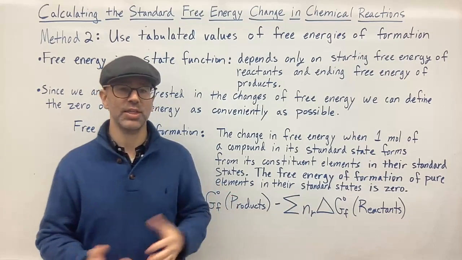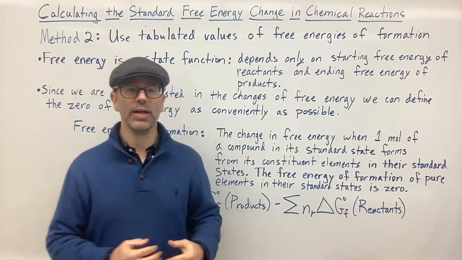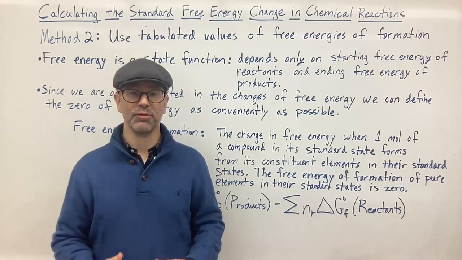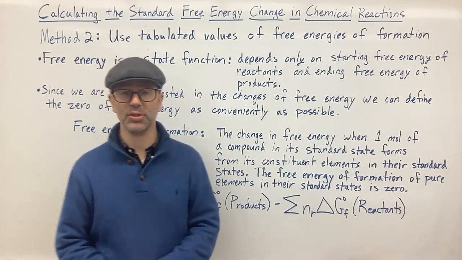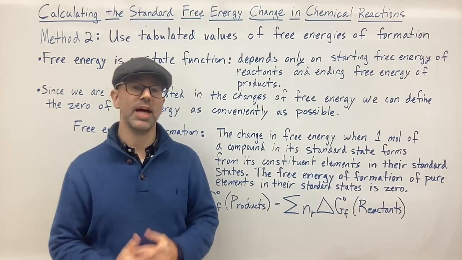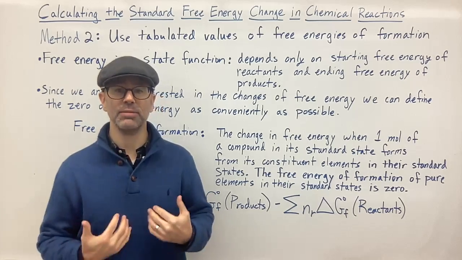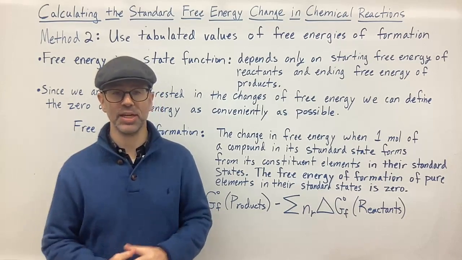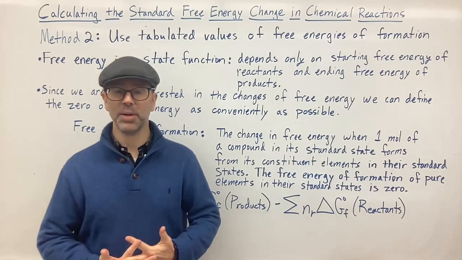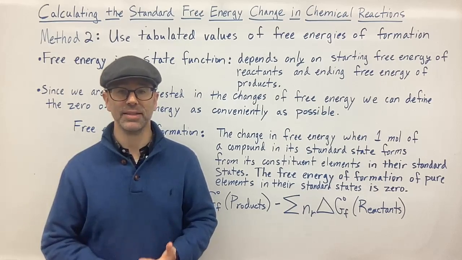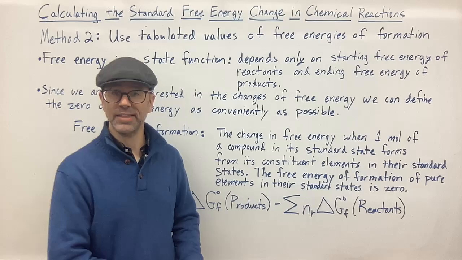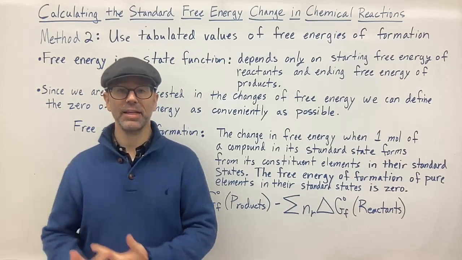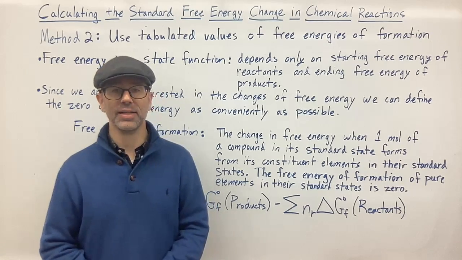My analogy that I've used before is going from the ground floor of an apartment building or a hotel to the top floor. The change in my gravitational potential energy does not depend on how I get to the top floor. It only depends on the potential energy I started with at the ground floor and the potential energy I end with at the top floor.